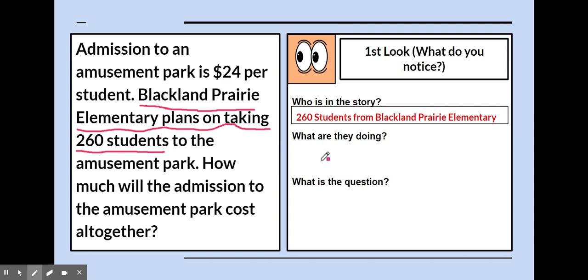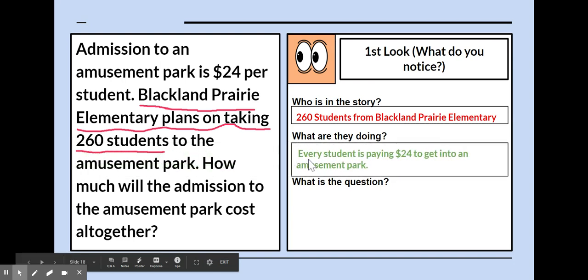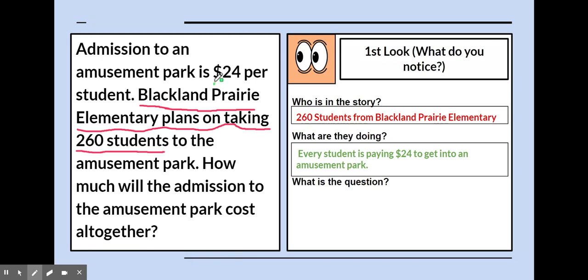Okay. We also need to notice, what are they doing? Well, every student is paying $24 to get into an amusement park. So $24 per student. And per means every student or one student.